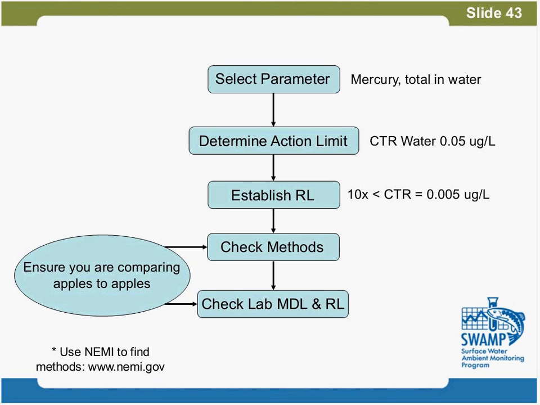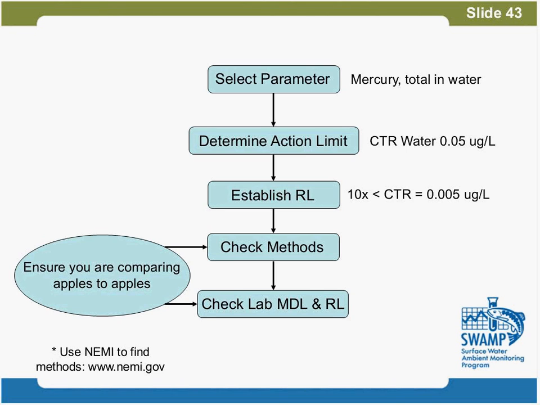What we do now is see if there are any methods available to analyze at that level. So we are going to go on the NEMI, and I've put it down there in the lower left, and I understand from Eric that there is actually a webinar on how to use NEMI, which you can access through the website and listen to. It's been pre-recorded.